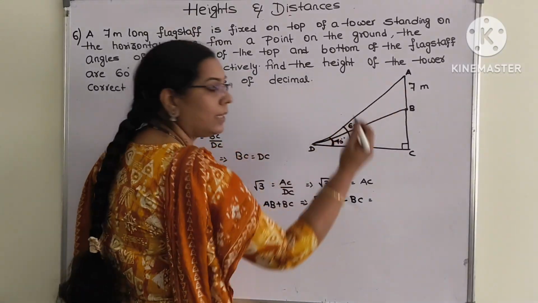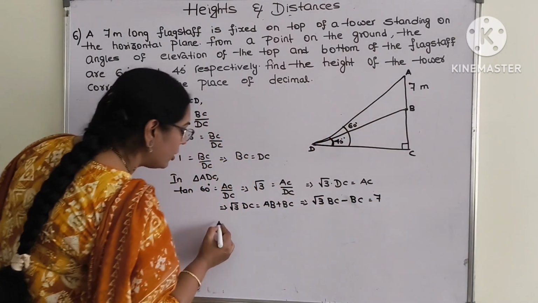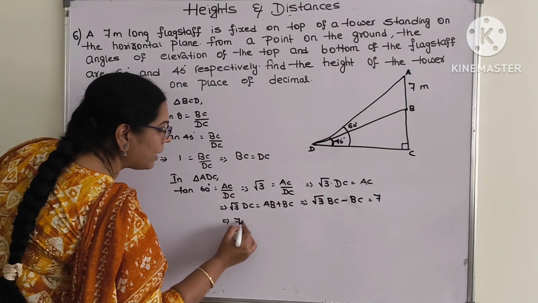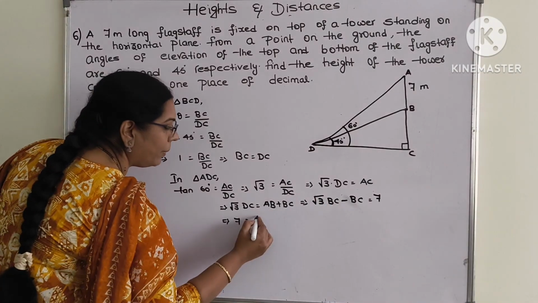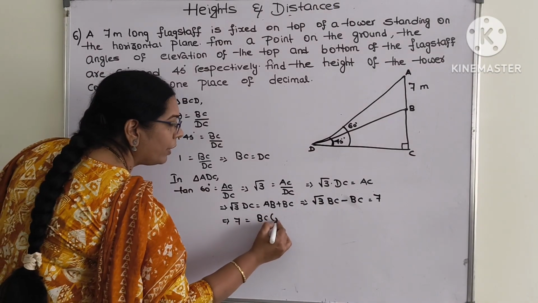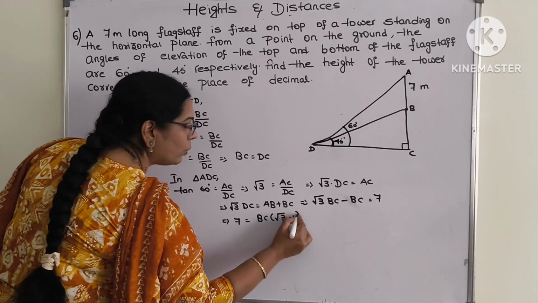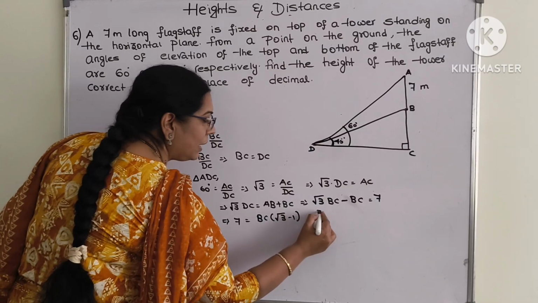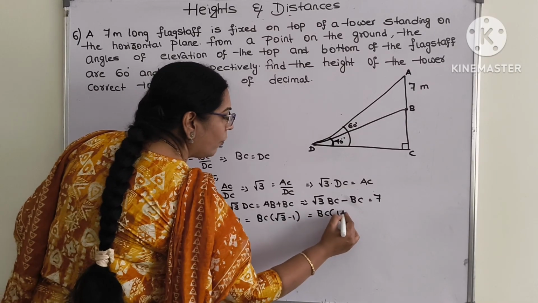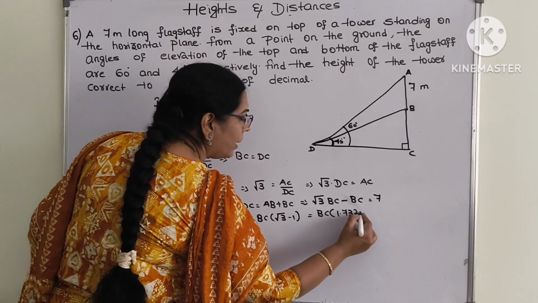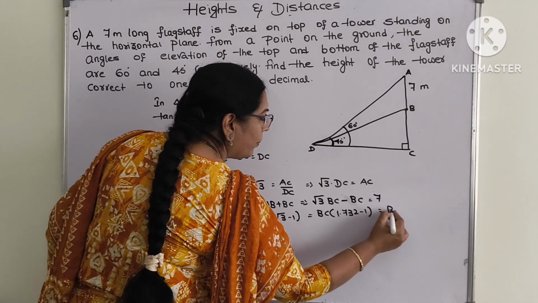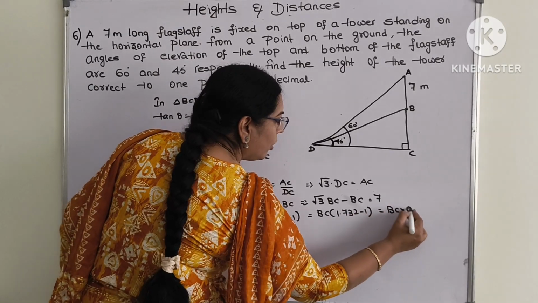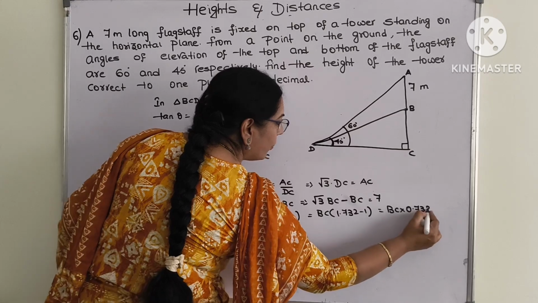How much is AB? It is 7 meters. So 7 is equal to BC into, take BC common, root 3 minus 1, which is BC into 1.732 minus 1, which is BC into 0.732.